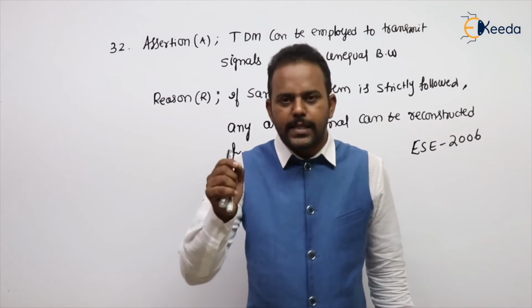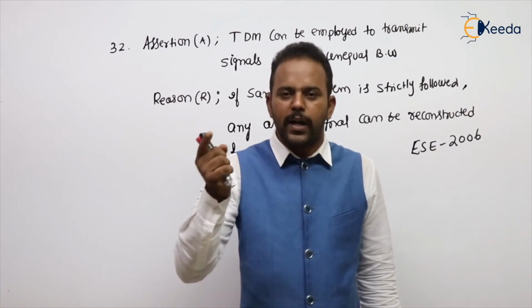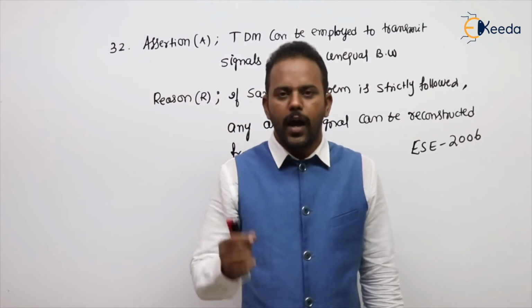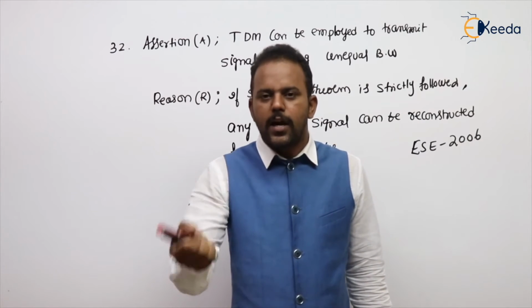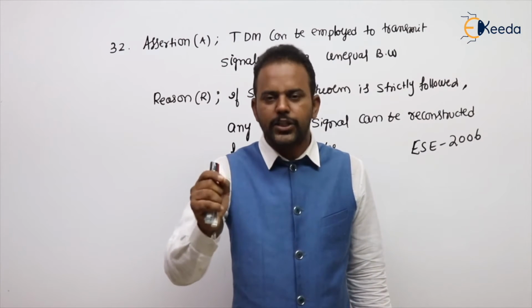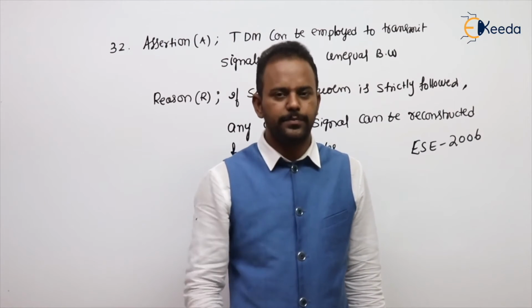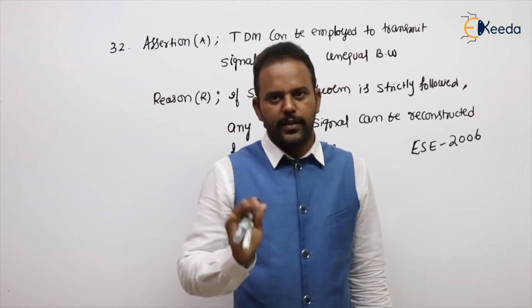Option A: assertion and reason both are correct, and reason is the correct explanation for assertion. Option B: both are correct, but reason is not a correct explanation for assertion. Option C: assertion is correct, reason is wrong. Option D: assertion is wrong, reason is correct.